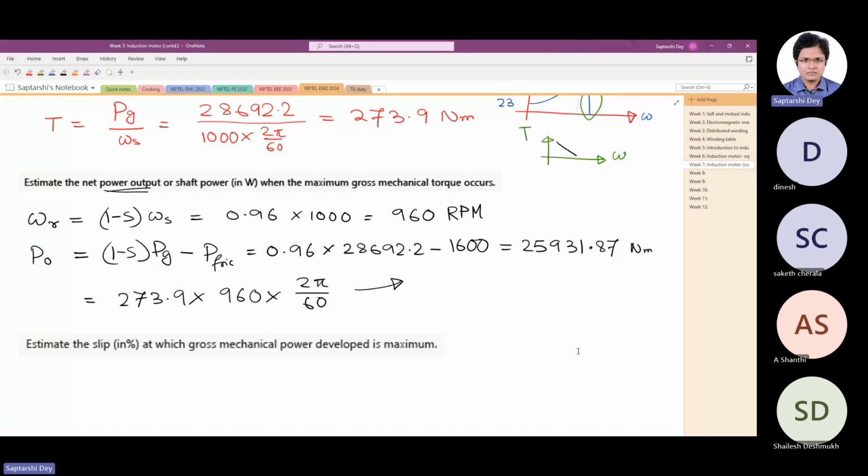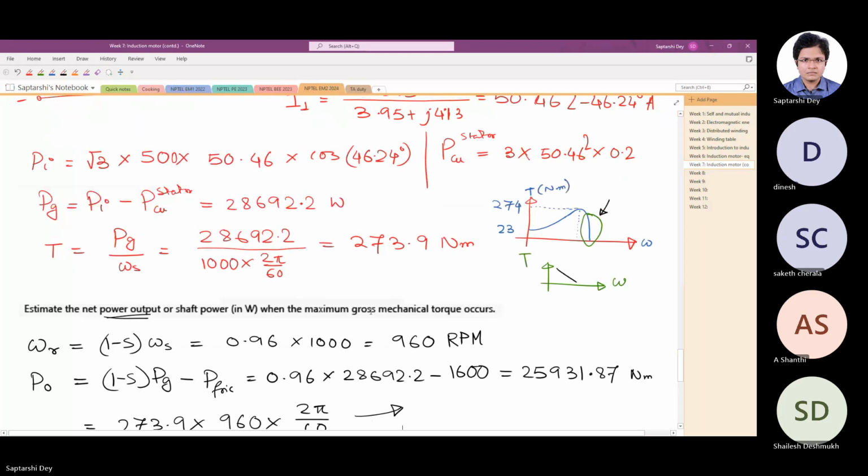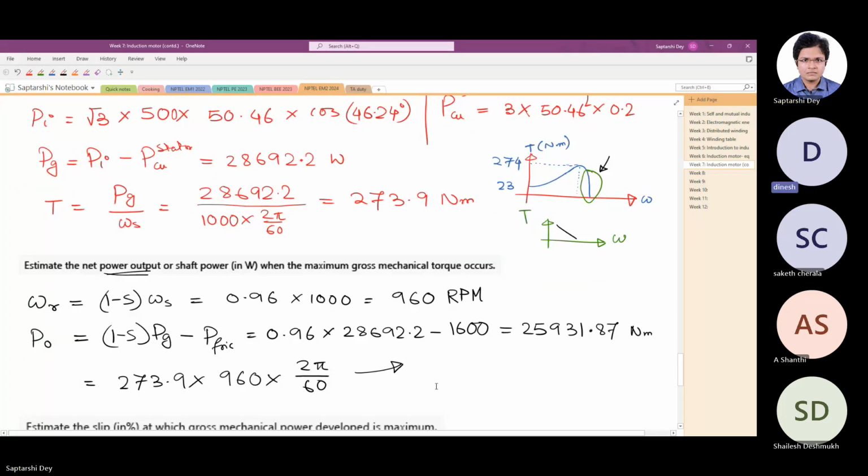Oh, understood. Yes, yes. You have to calculate the shaft torque. Actually, what we have to do is this minus. The both are not matching actually. This is coming more, right?